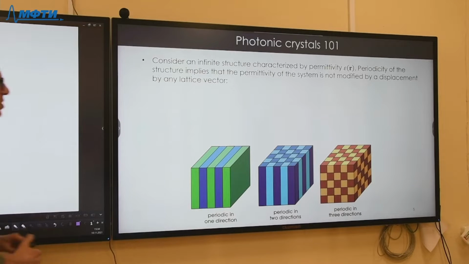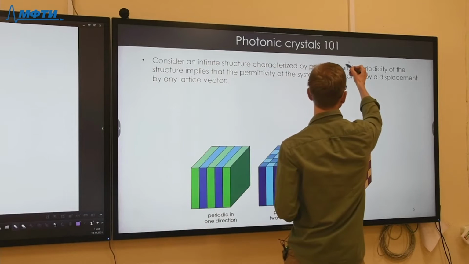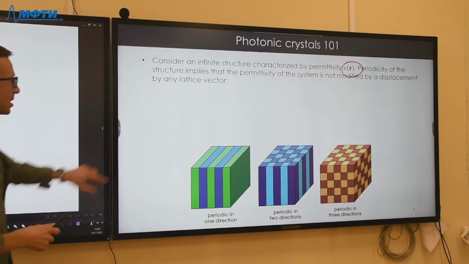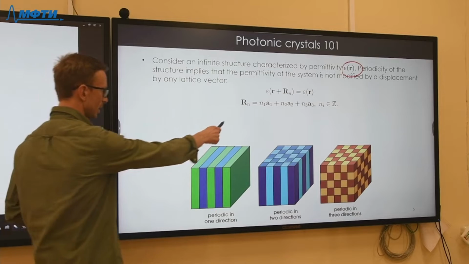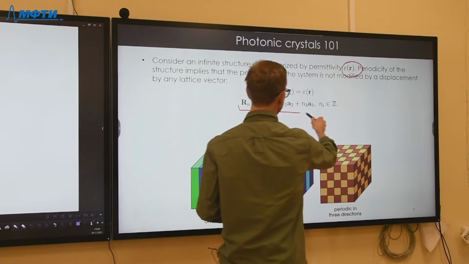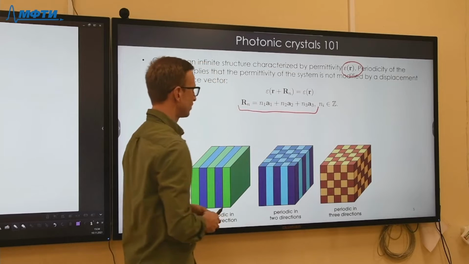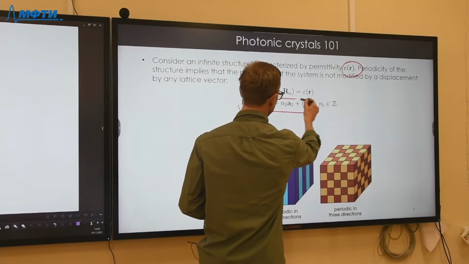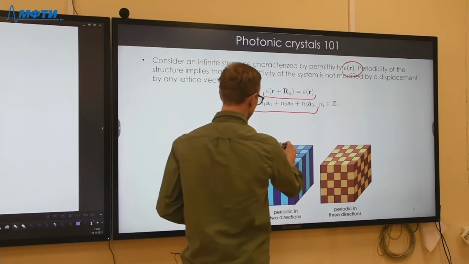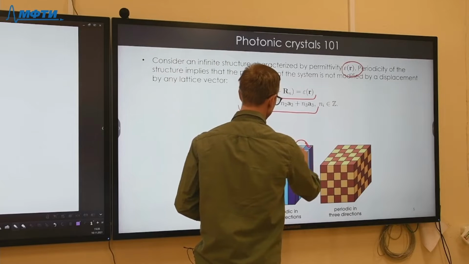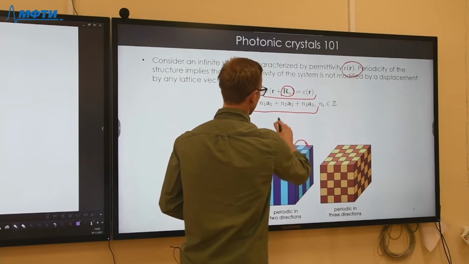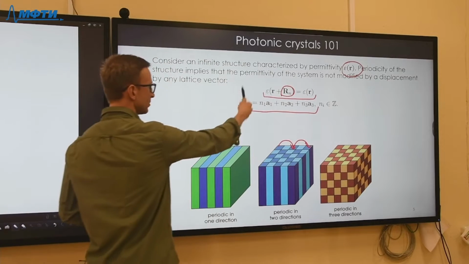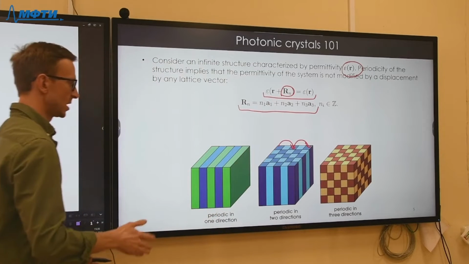Let's say our structure is characterized by permittivity epsilon, which is a function of R, and it is periodic if, for any combination of a number of lattice vectors A1, A2, A3, the epsilon repeats itself over and over again, no matter how many times we make a jump by this vector Rn, which defines the step and the unit cell. Epsilon, the permittivity of our structure, will repeat itself indefinitely.